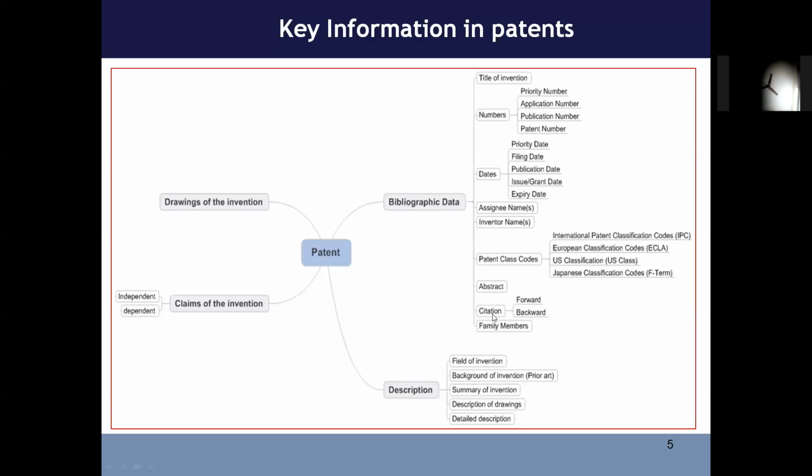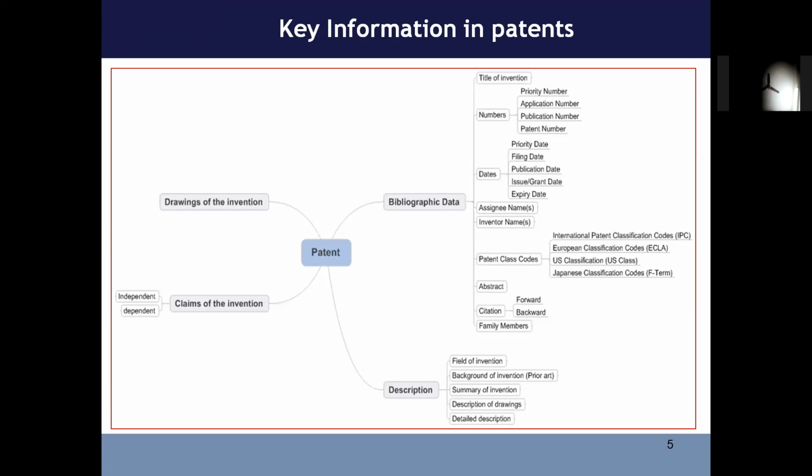You'll also find some citations, both backward and forward. And there are some specific numbers or patent numbers which are called family members. For example, you have filed a patent in India for your invention, and for the same invention, you also filed a patent in the US, in Europe, in China, and in Japan.